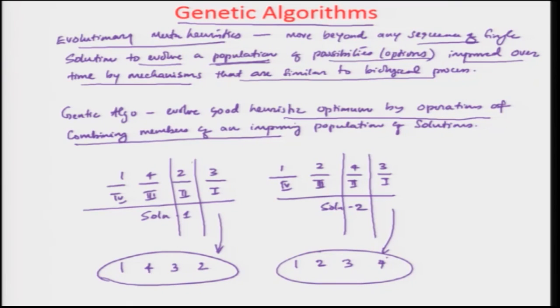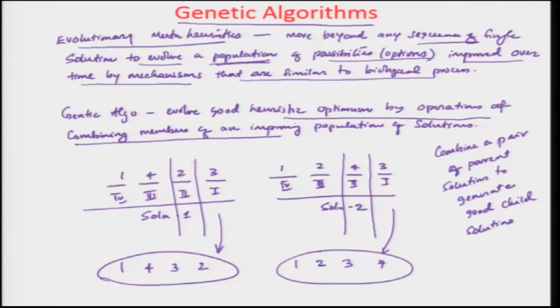This is not really a good example, but the idea is that you combine a pair of parent solutions to generate good child solutions by breaking the parents at some point and combining them.